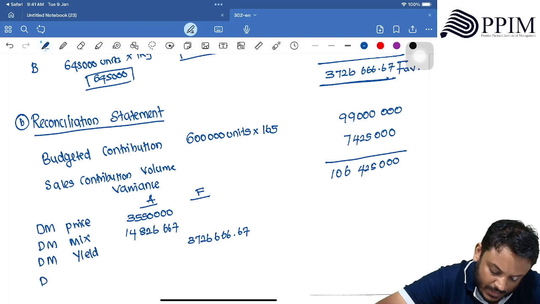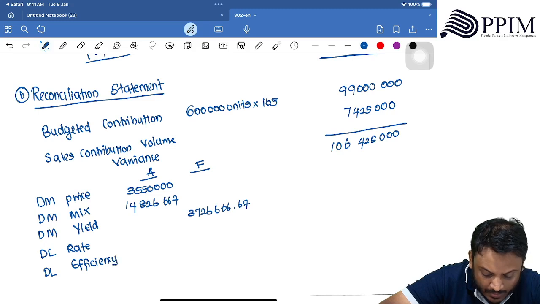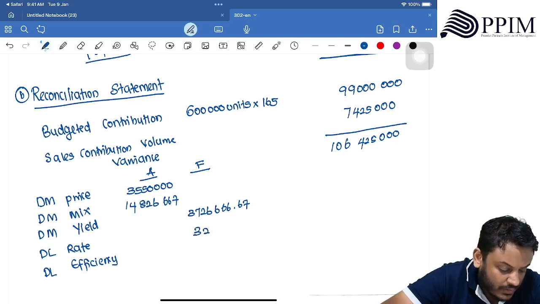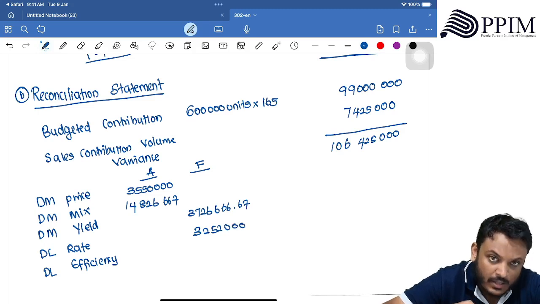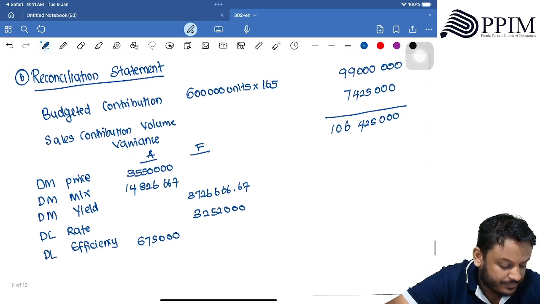Then material variance is done. Direct labor rate variance and direct labor efficiency variance. Rate variance is also given in the question, 3,252,000. Direct labor efficiency variance 675,000 adverse.